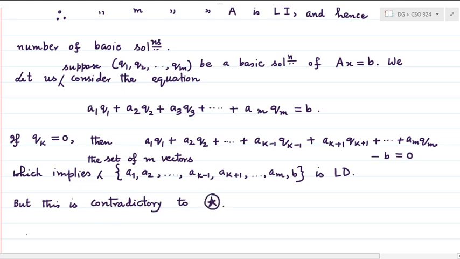And hence none of q1, q2, qm is 0, for all i equal to 1 to m. Therefore you have proved that this basic solution is non-degenerate, and it was an arbitrary basic solution you have taken.